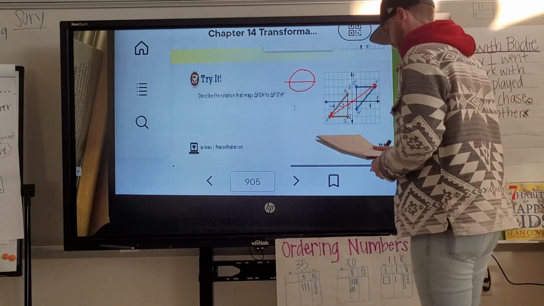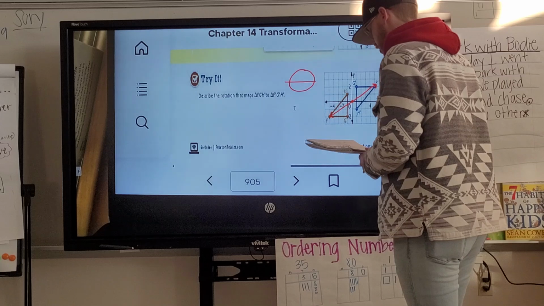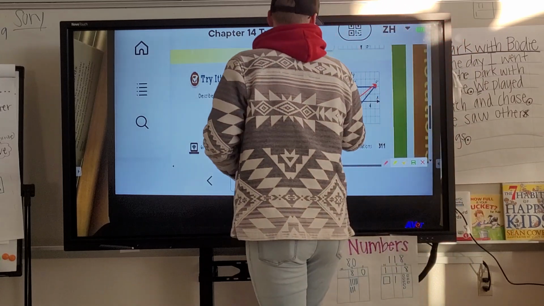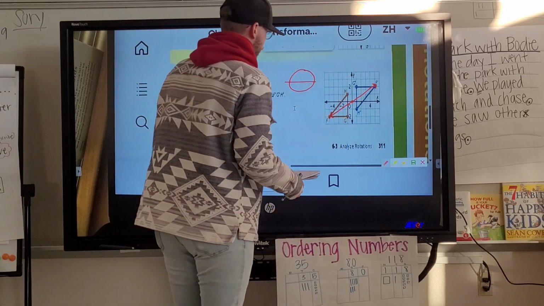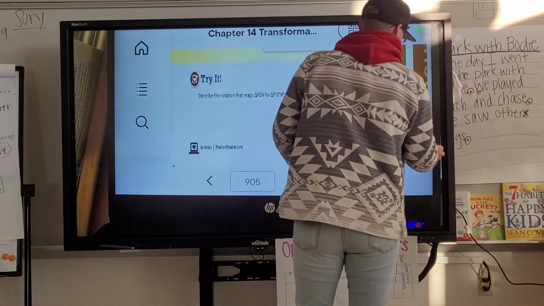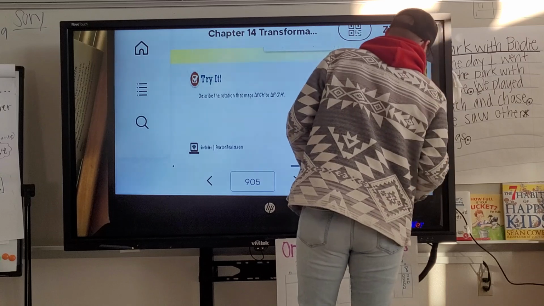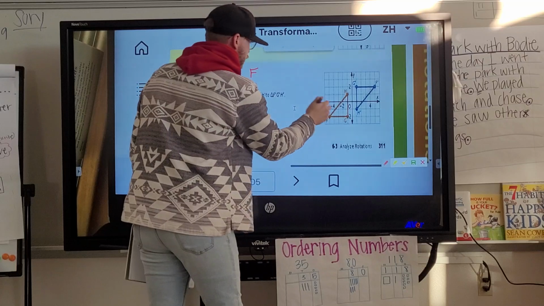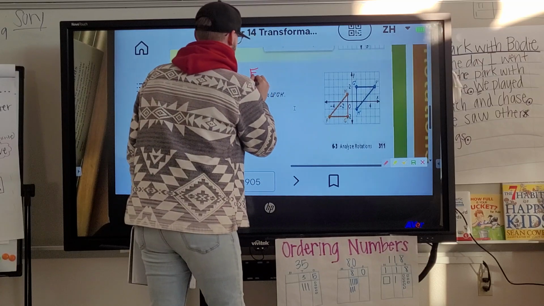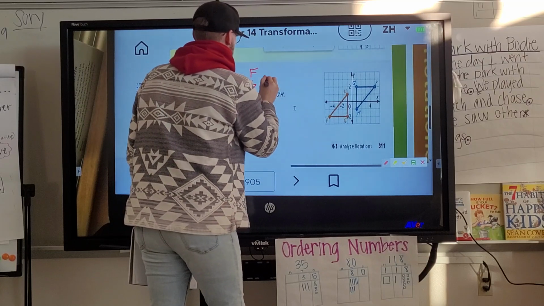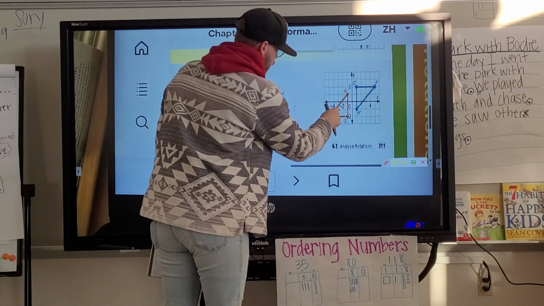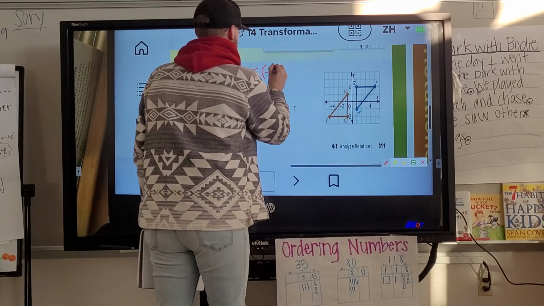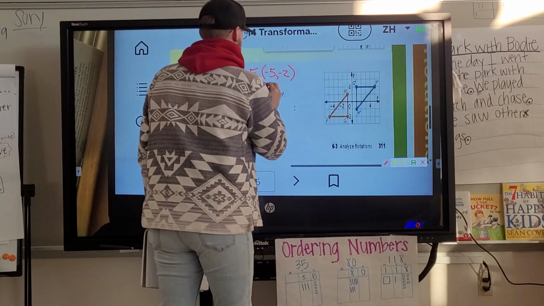So, with that, I'm going to go ahead and put in my points just to prove that it's a 180 degree rotation. So if I start here, I have F, G, H. Okay, so F I know is -5, -2.